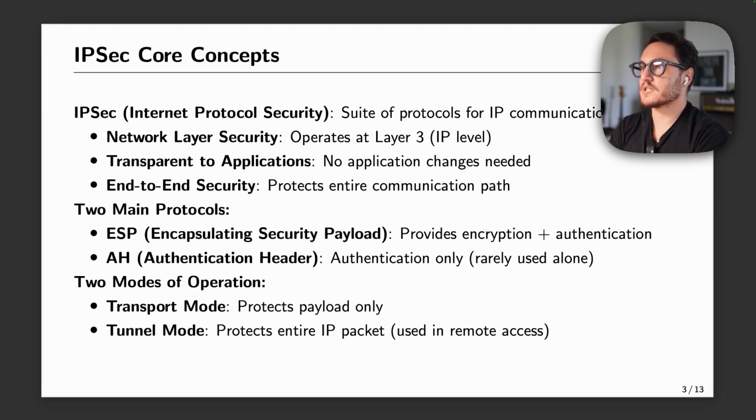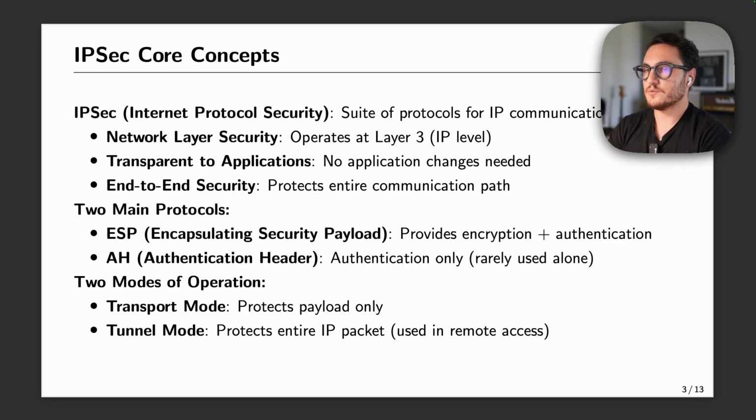So the core concepts of IPSec, which stands for Internet Protocol Security. It operates at the same level as OpenVPN, is transparent to applications, and provides end-to-end security. It uses two main protocols: ESP for encapsulating the security payload, which provides encryption and authentication, and then the authentication header, which only provides authentication and is not really used.